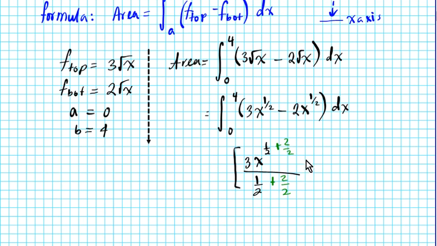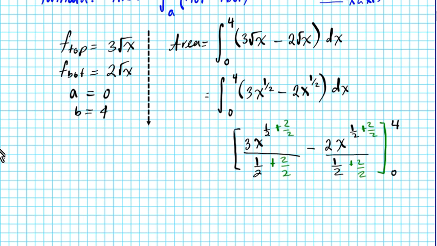And then minus 2 x to the, the same procedure applies here. We have 1/2 plus 1, which is 2 over 2, divided by 1/2 plus 2 over 2. Okay, and then we are evaluating this from 0 to 4.